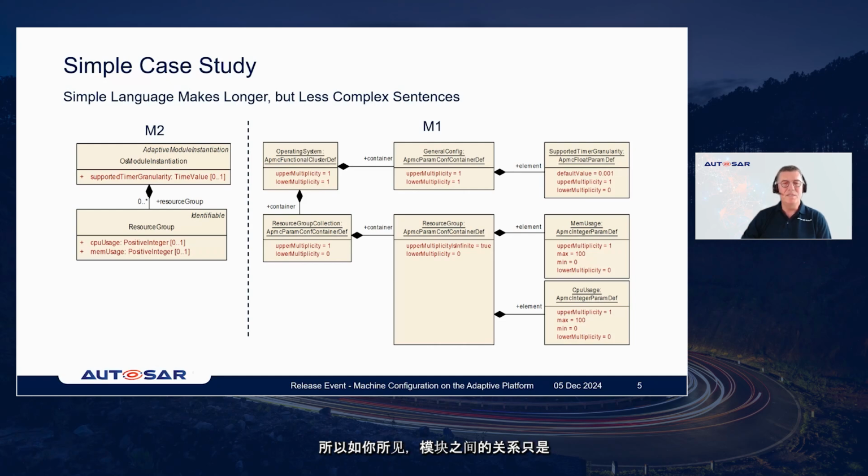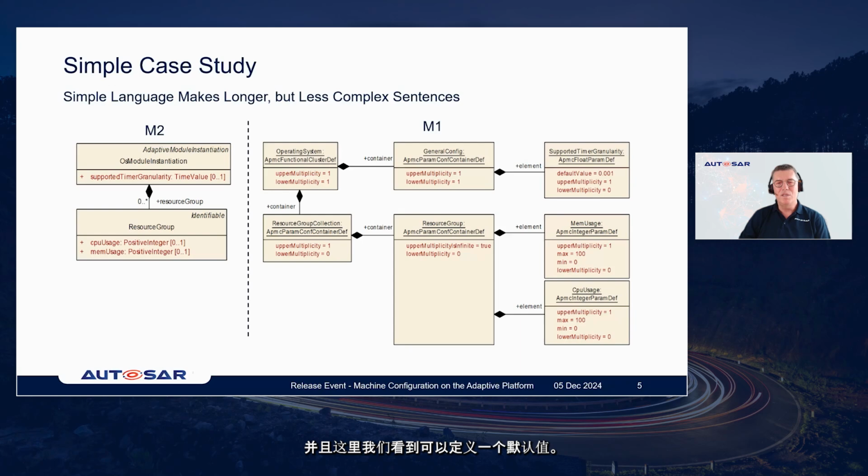As you can see, the relations between the blocks are just a container can have a container, or a container can aggregate elements. That's basically it. And each of those elements can have an arbitrary multiplicity. Here we have one example where the multiplicity is 1. Here is an example for 0 to 1. And here is an example for 0 to star.